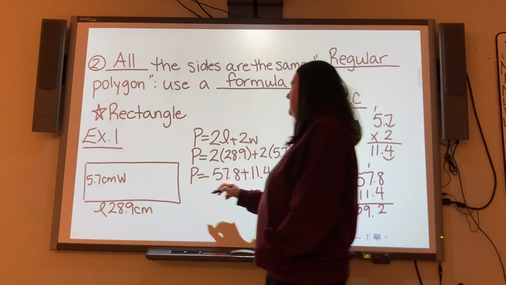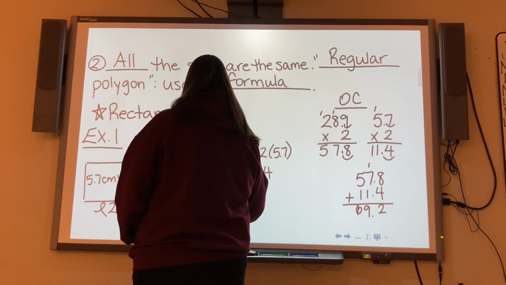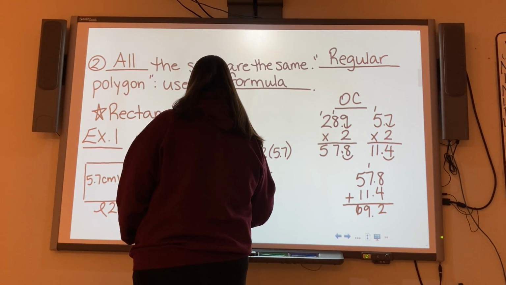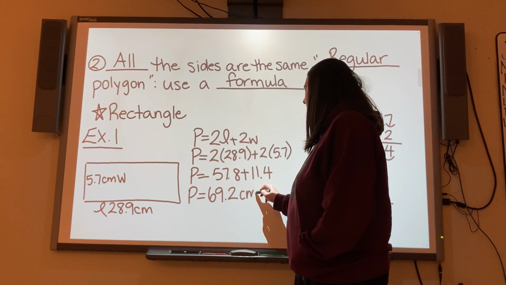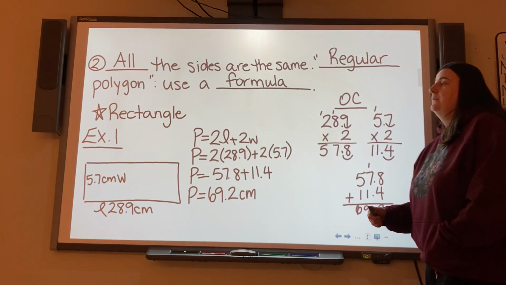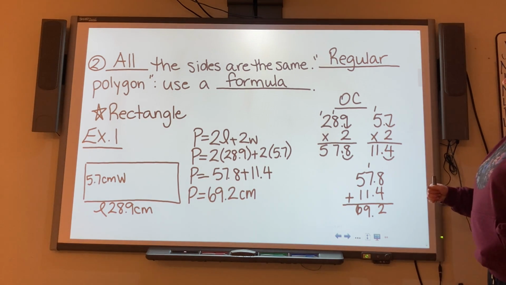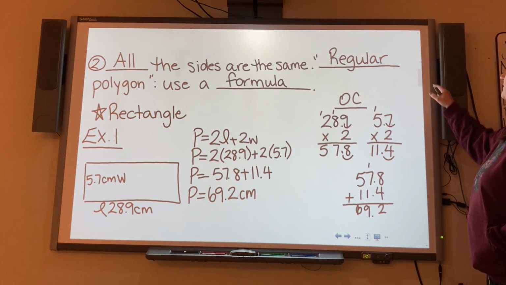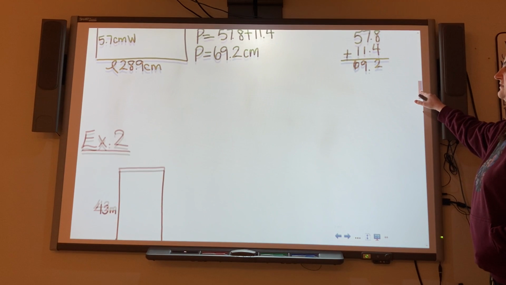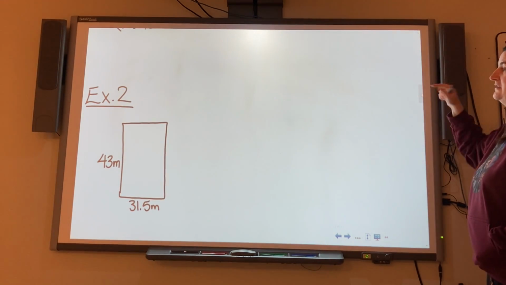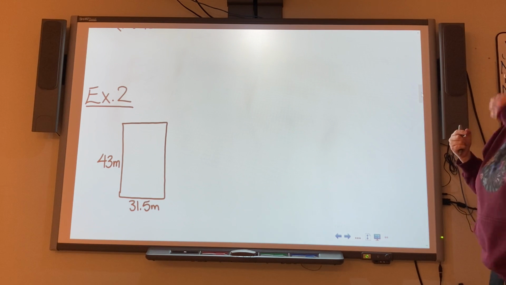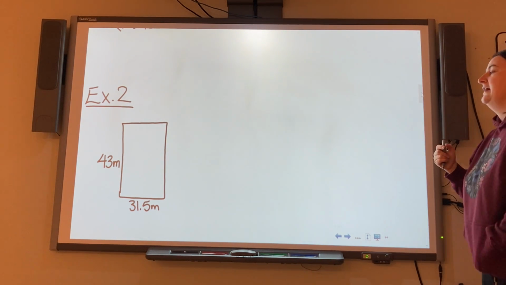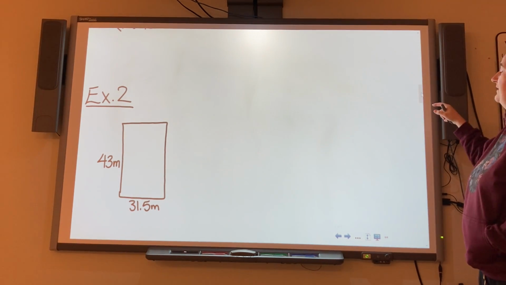So 69.2. And don't forget your unit of measurement, centimeters. So that's example 1 for rectangles. What you need to do is example number 2 tonight as your homework, and we'll correct it tomorrow. Don't forget, it's a rectangle, so you've got to use the right formula.